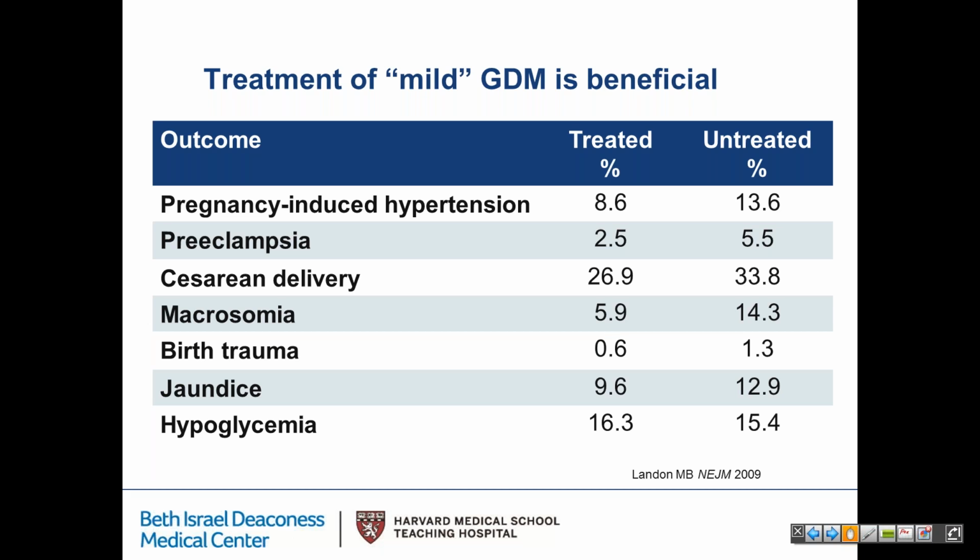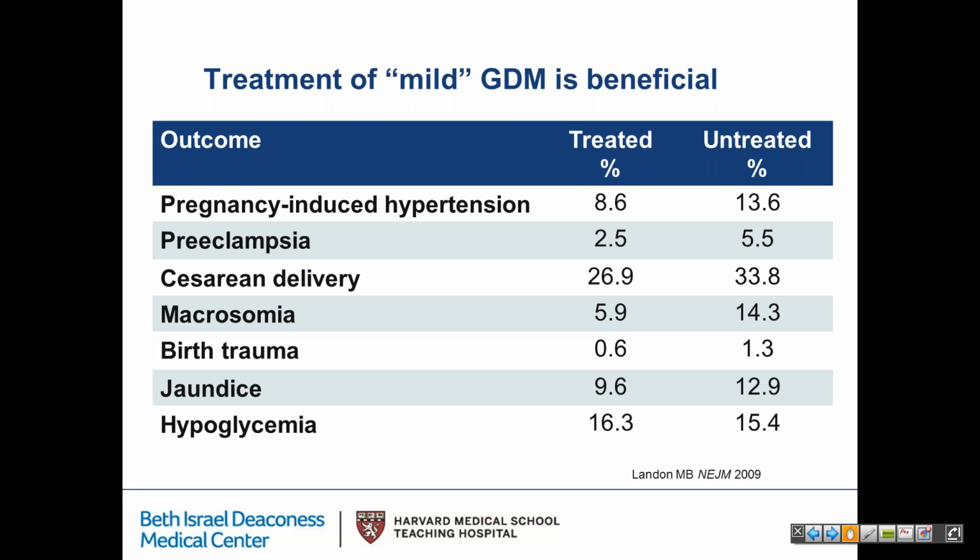And then the MFMU treatment trial, which is a randomized controlled trial conducted in the United States, was published in 2009. And both of them demonstrated that treatment of even mild gestational diabetes, or treatment in the case of people who did not have overt elevated fastings or significant elevation in their postprandial values, was associated with benefits.